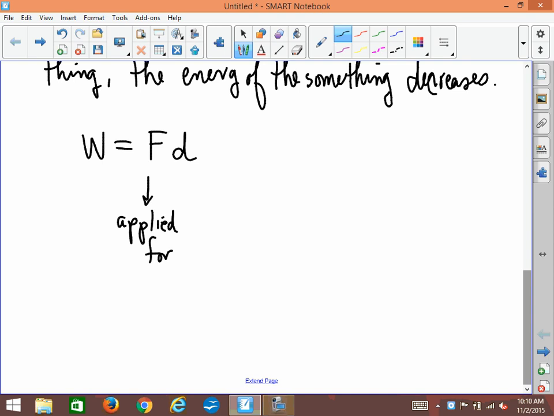A lot of people confuse that. It's the applied force, not the net force, and it also must be in line with the displacement. That's why we're going to use a little mathematical trick to ensure that that happens.